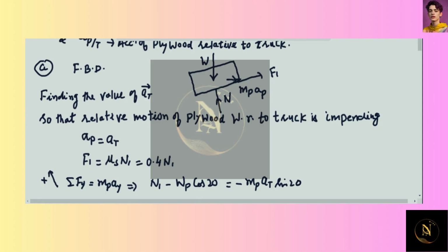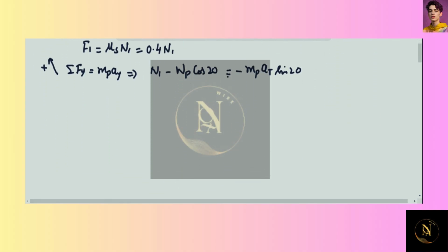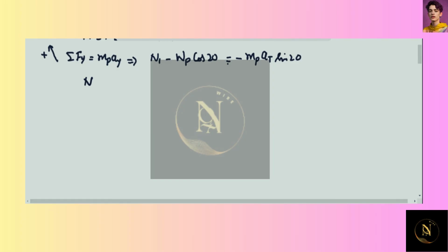Acceleration of truck and ply is the same, so this condition you should remember. So from here, the value of N1 we can write as mass of ply into g cos 20 minus acceleration of truck sine 20.